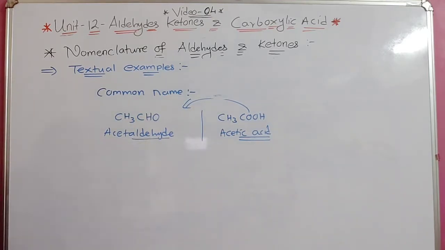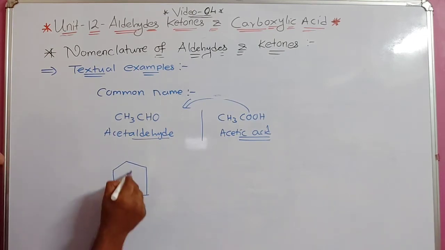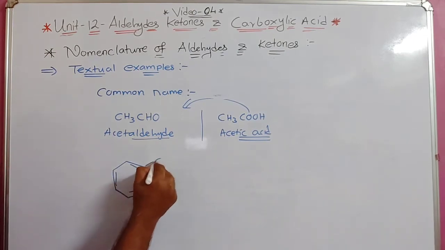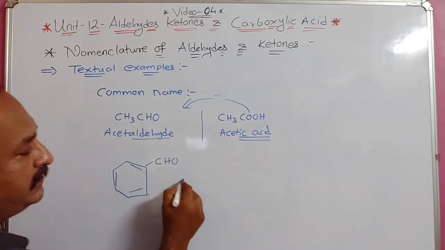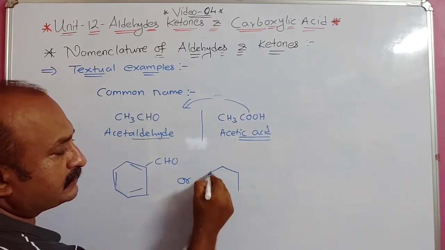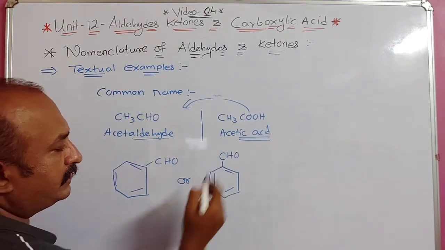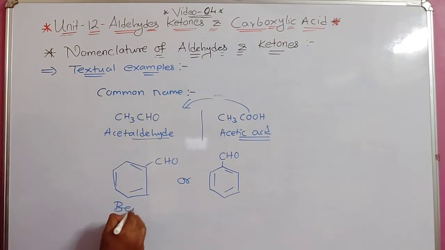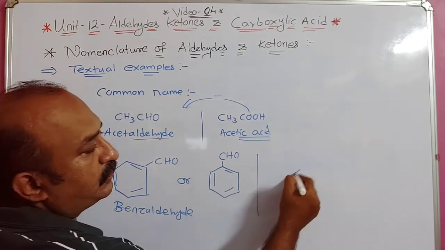In the same way, in the second example a benzene ring is there, and the CHO group is written on the ring. The same thing can also be written like this, as CHO. The name given for this is benzaldehyde.